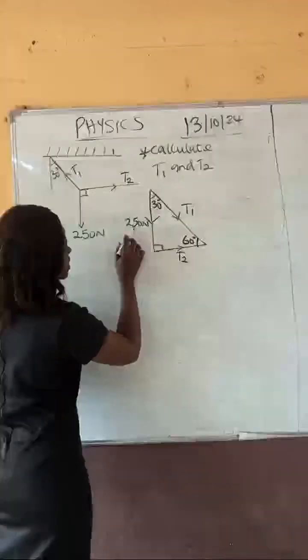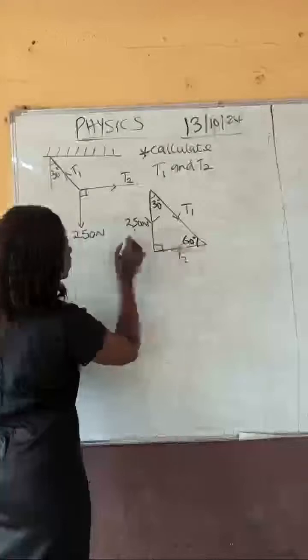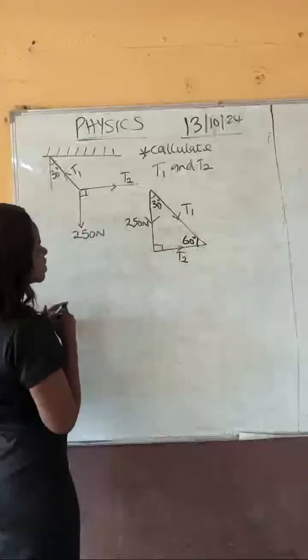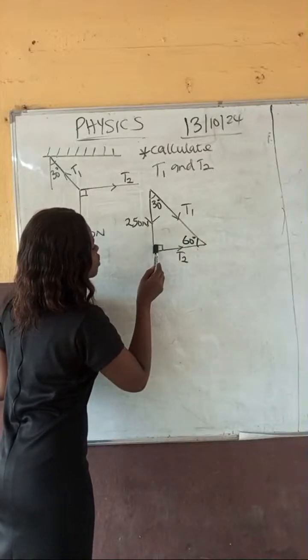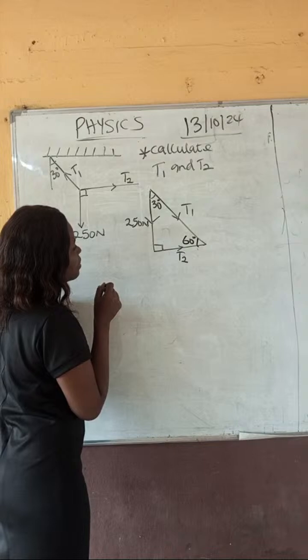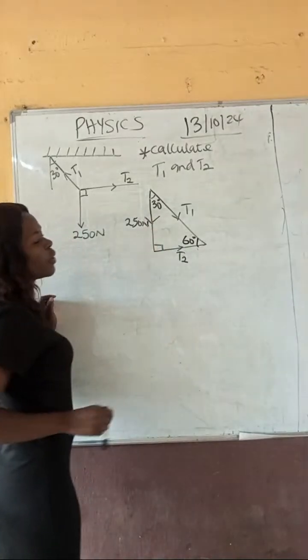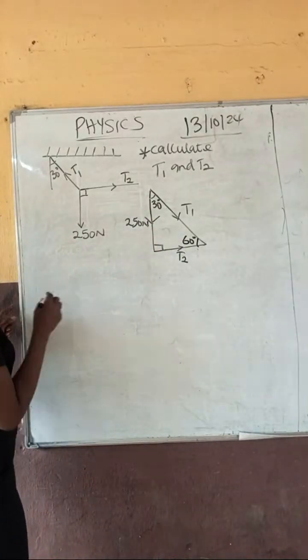Now I'm going to follow this. The angle facing this 250 is what? 60, okay? So 250 over sine angle 60, T1 over sine angle what? 90. Divided by T2 over sine angle what? 30. So let's go.